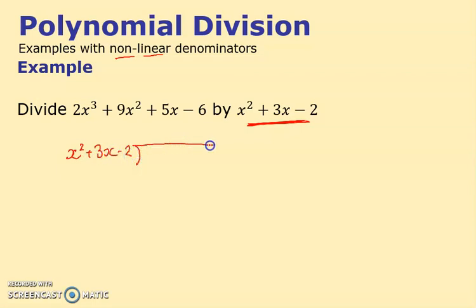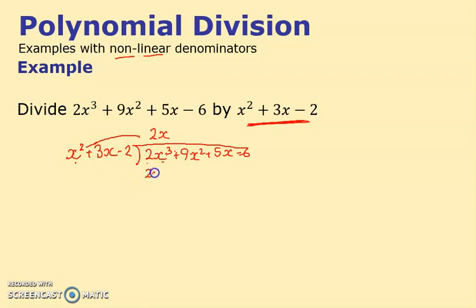So I'm dividing the big one, 2x cubed plus 9x squared plus 5x minus 6, by this x squared thing. The same trick. What do I do to the x squared to get 2x cubed? I think I've got to times by 2x, because that will make it go up to x cubed and I need a 2. That makes sense. 2x times by the x first of all.